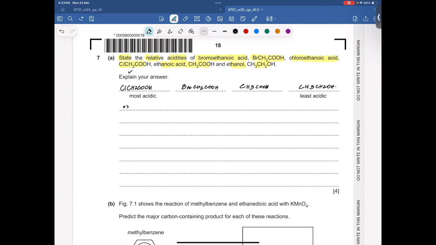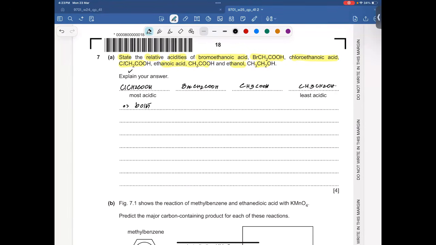Both are electron withdrawing groups. So they have negative inductive effect.